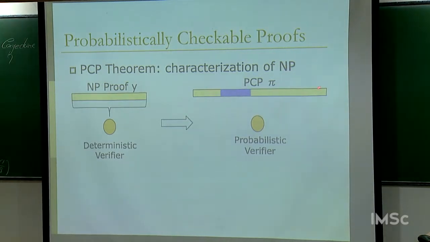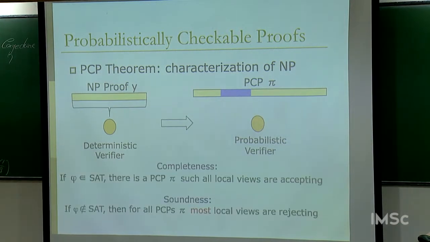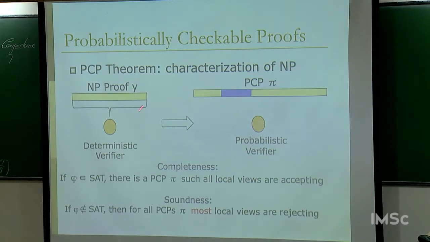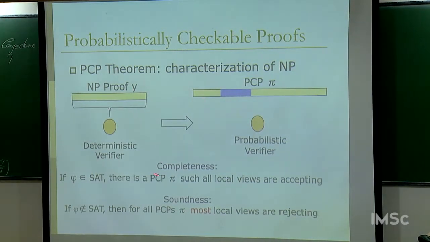It could be just a few locations over here, and then it makes a local test on this view of the proof and accepts or not, depending on whether the local view passes the local predicate. And basically, this is the completeness and soundness you have for this proof system. If the original theorem was in fact true, if the formula was satisfiable, there is one such proof such that all the local views are accepting.